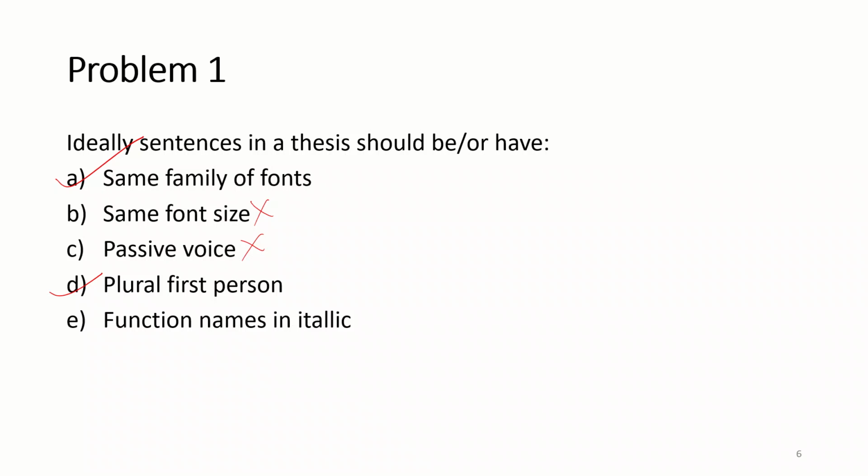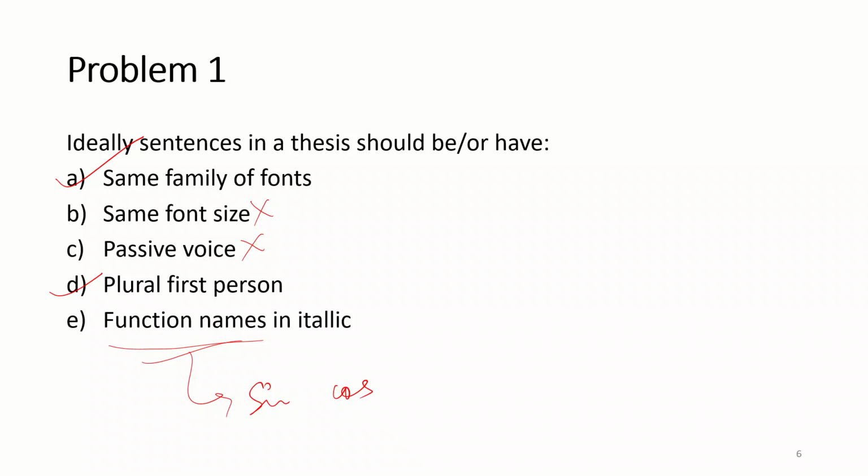Function names. What are function names? Like sine, cos, and all these things. Yes, it is correct. Function names, as we were taught in class, should be written in bold.